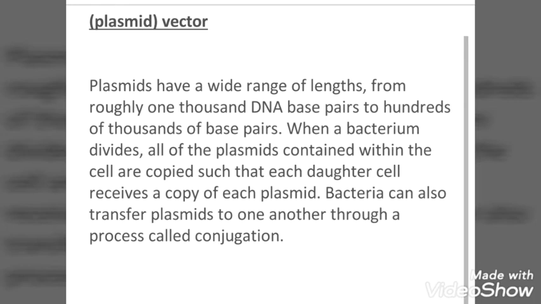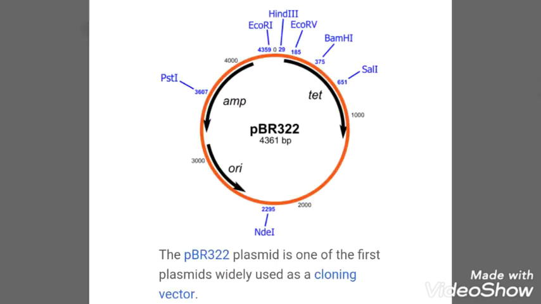That means vectors are mainly classified into two types: natural vectors and artificial vectors. A natural vector, or natural plasmid, is one naturally present in the bacterial cell. But those prepared or synthesized by scientists in the laboratory are called artificial vectors.